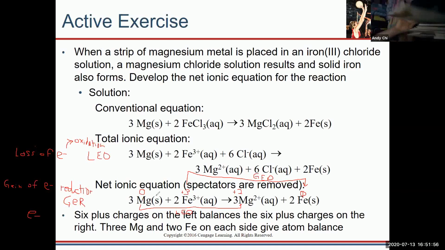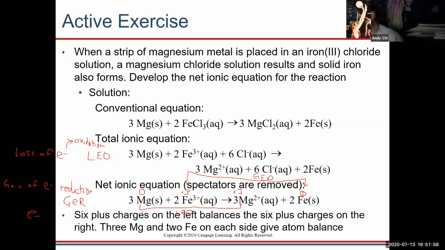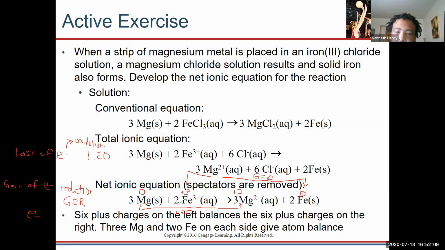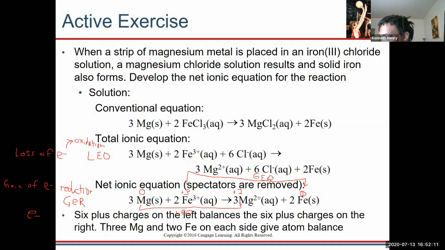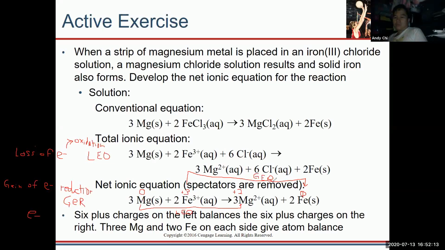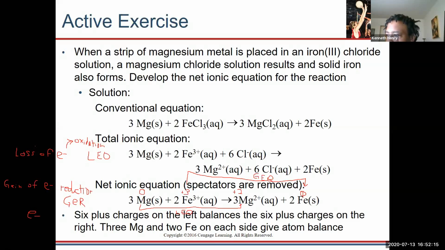So our magnesium is being oxidized and our iron is being reduced, okay? The iron ion is being reduced. So oxidized and reduced.